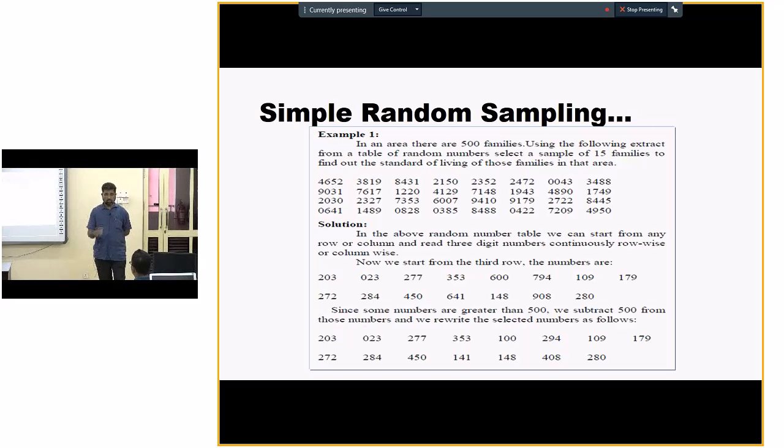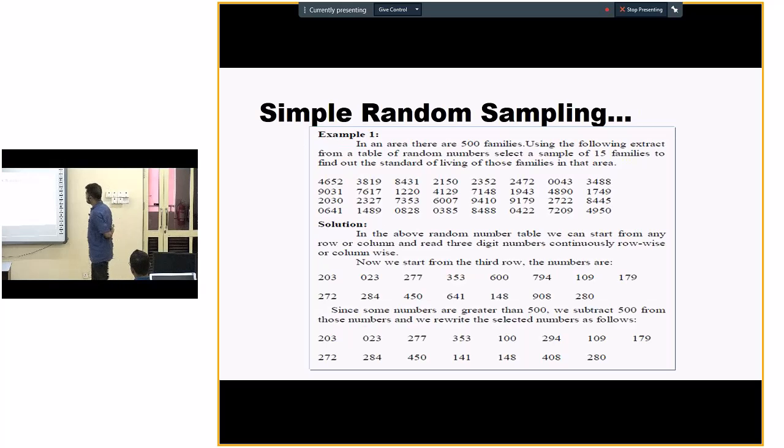Our task is to study the population, that means families, right? Out of 500 it is difficult to observe all, so we need to select only 15. Then how to select 15 using this type of random number table?